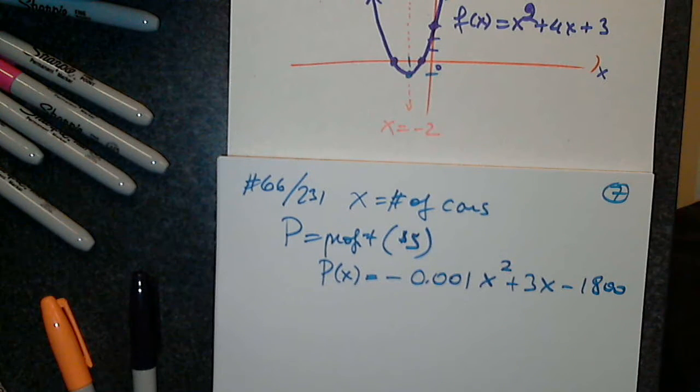If this is not arranged in descending order, I may not be able to correctly identify the leading coefficient, the middle coefficient and the last. So the question is, what is the maximum profit per day, and how many cans must he sell for a maximum profit?